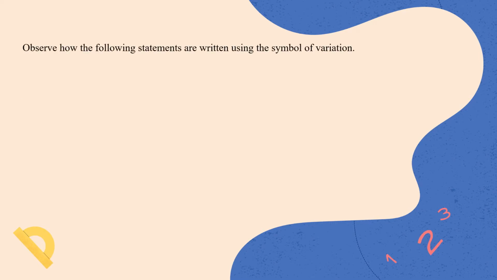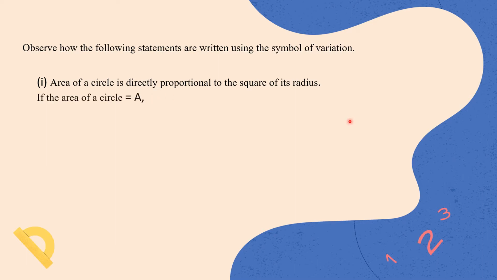Observe how the following statements are written using the symbol of variation. First, area of a circle is directly proportional to the square of its radius. So, area of the circle is denoted as capital A, radius denoted as R. The above statement is written in the symbol of variation as A directly proportional to R square.